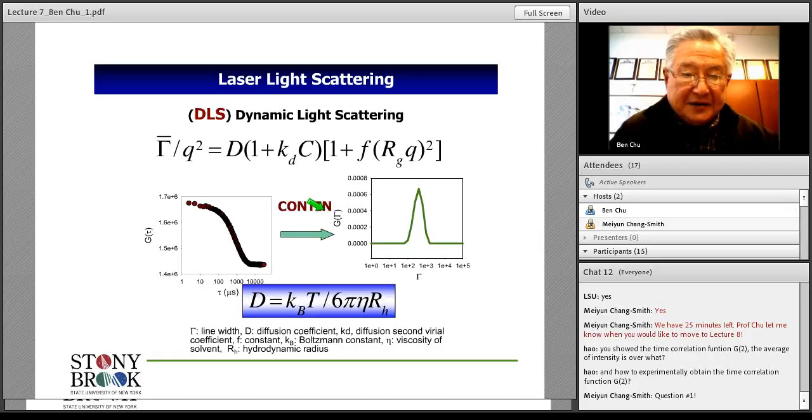This will be expressed in some form like this, and based on this, you can obtain information on the diffusion coefficient. And from the diffusion coefficient, you get the hydrodynamic radius.